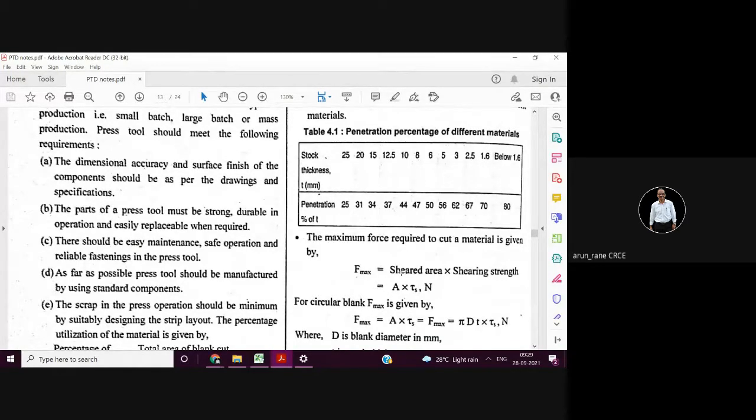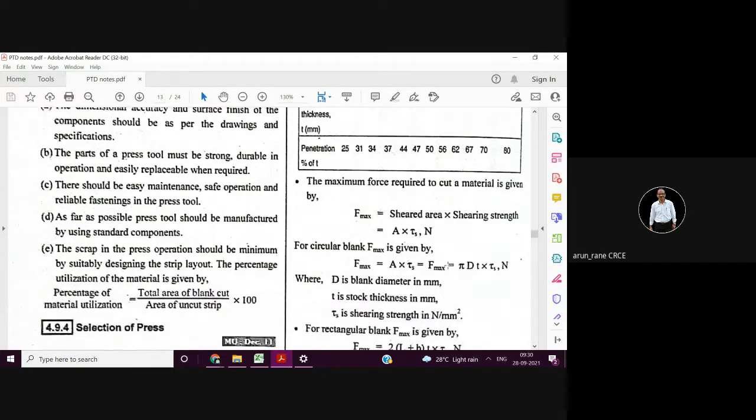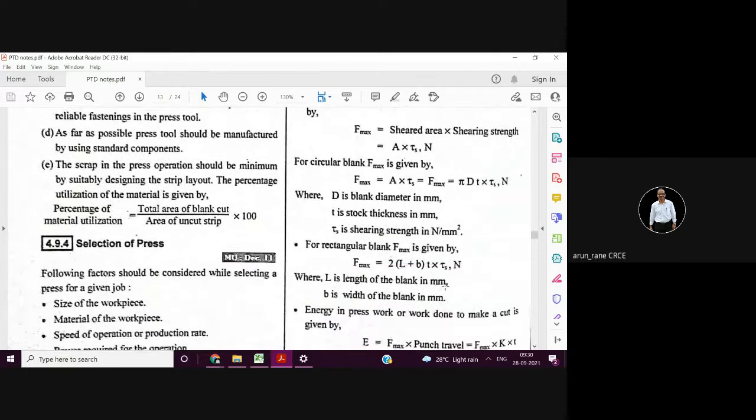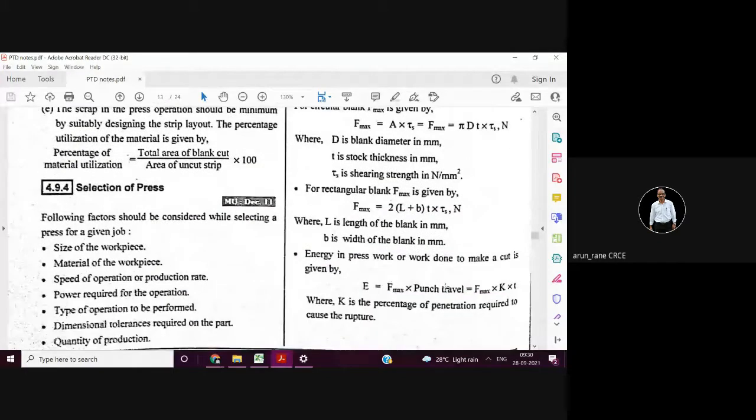If you want to cut a rectangle, then cross-sectional area will be length into breadth, and sheared area will be total perimeter into thickness. So be careful while calculating the area.